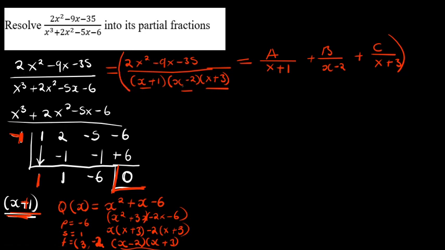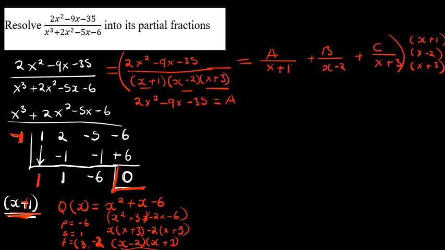Now what's the common denominator? I'll write the common denominator this side, which is x plus 1, then x minus 2, then x plus 3. So these are common denominators. If I multiply this part times everything here, I'll have 2x squared minus 9x minus 35 equal to.